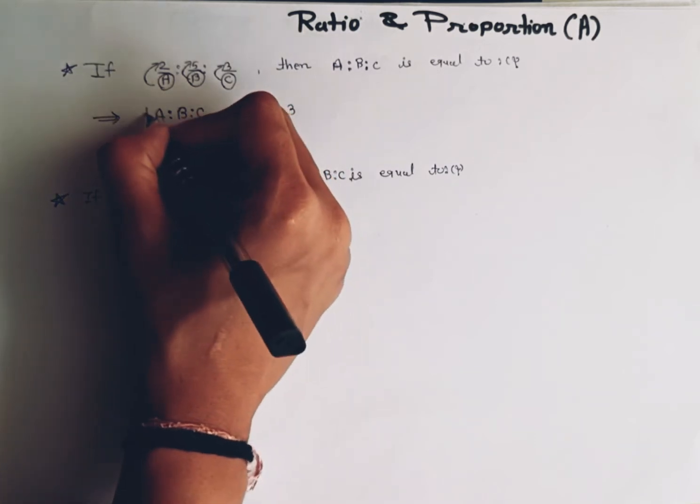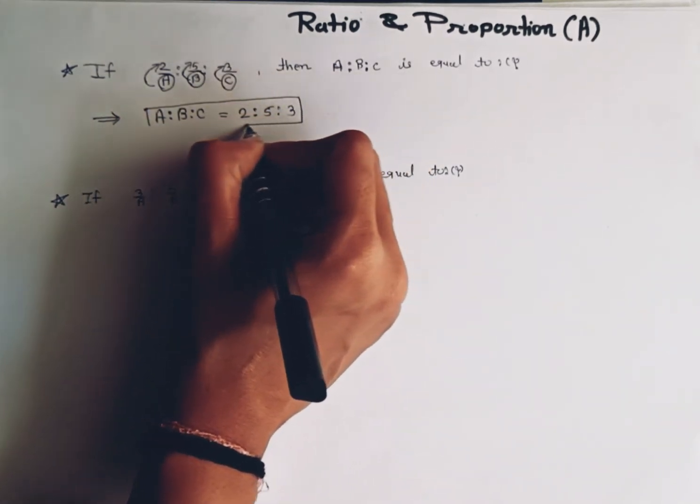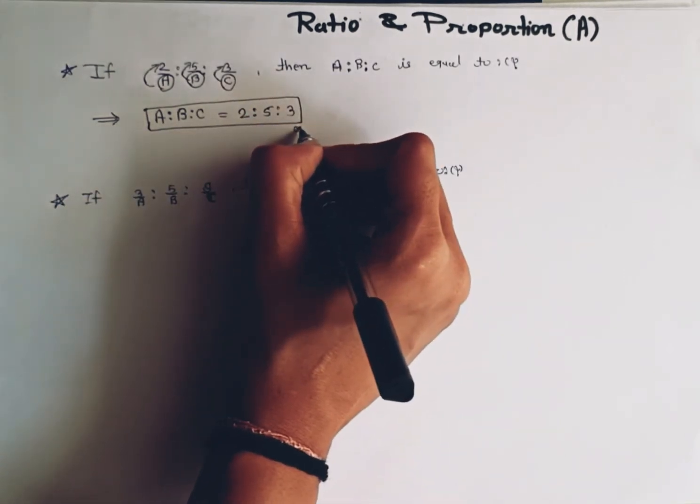So the answer is A : B : C is equal to 2 : 5 : 3. It's so easy.